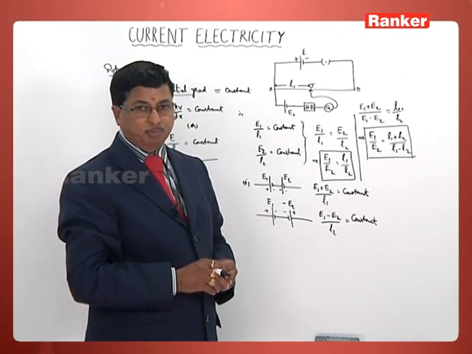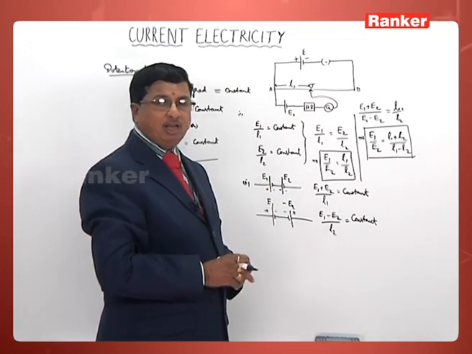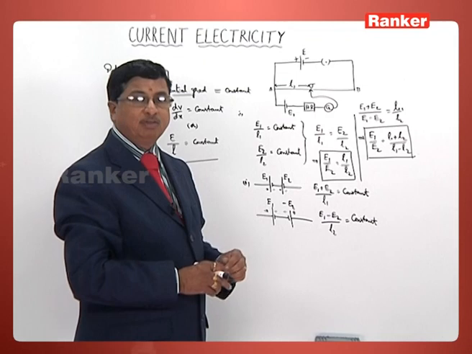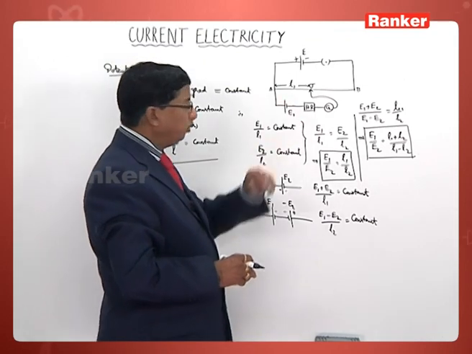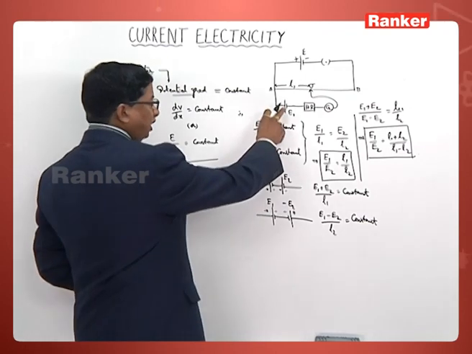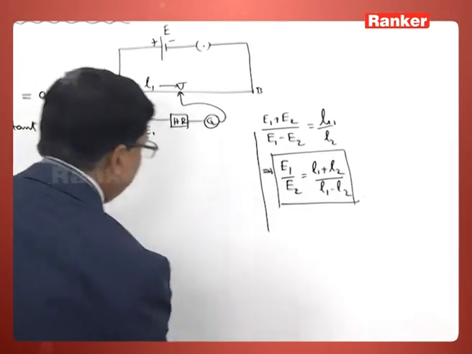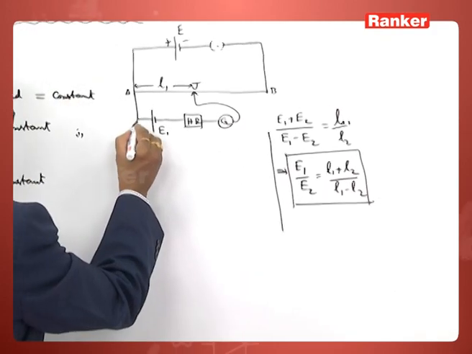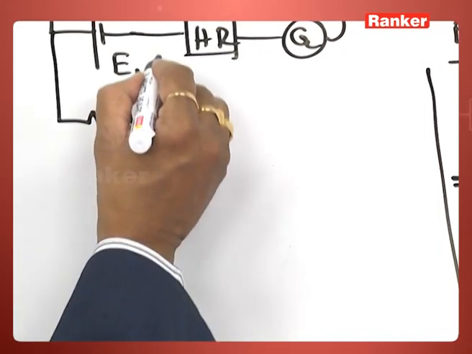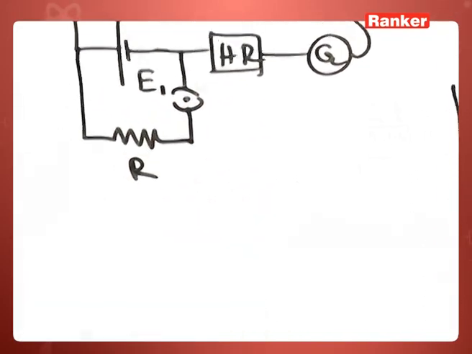Now, in the same manner, how can we directly calculate the internal resistance of a given cell using a potentiometer? To the same cell, whatever we are connecting here, across that one we connect an external resistance R, and there is another key that is provided here.